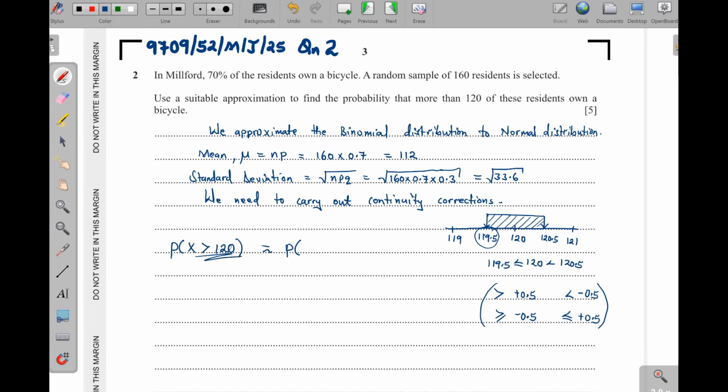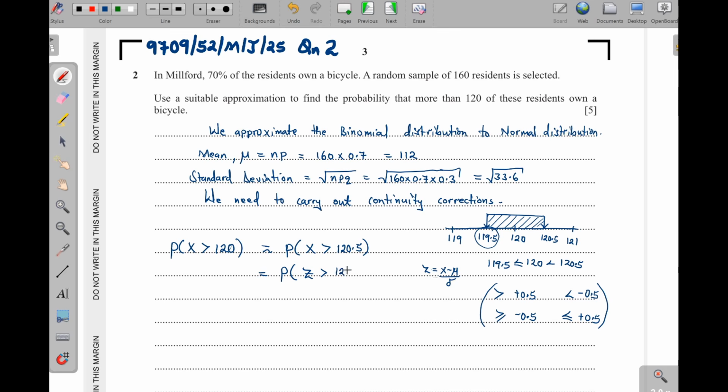So this is greater than, that means we are going to add 0.5. So this will be x greater than 120.5. Now we standardize. This one is going to be the probability of z greater than. Remember, z is equal to x minus mu out of the standard deviation, not so?